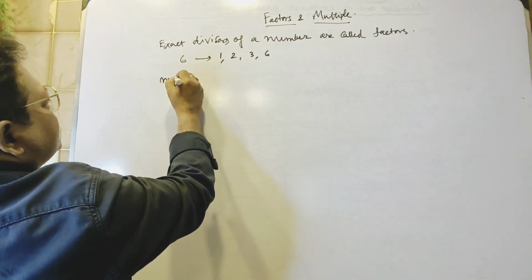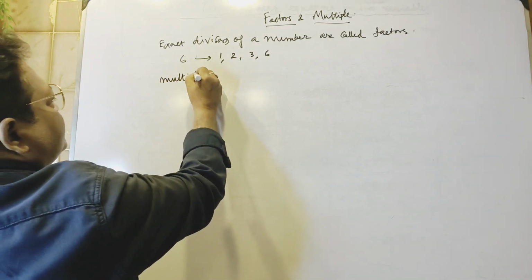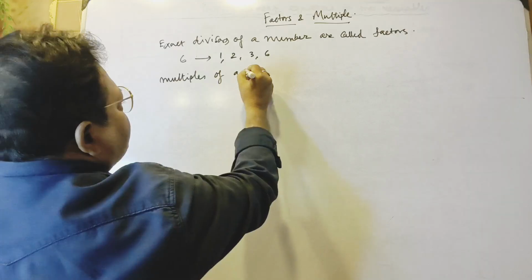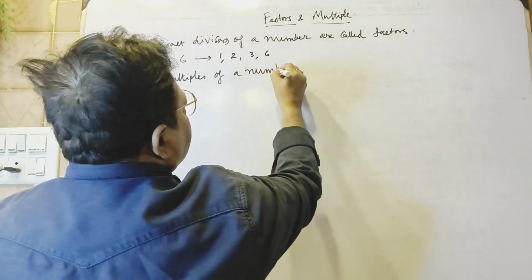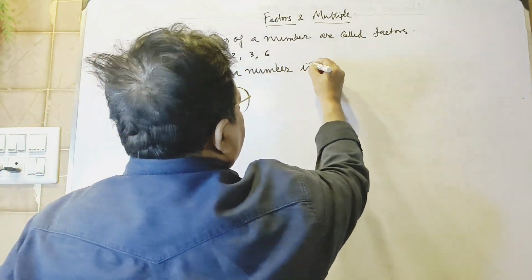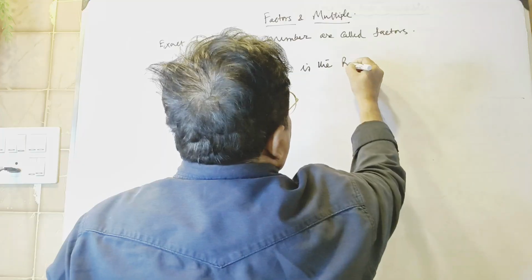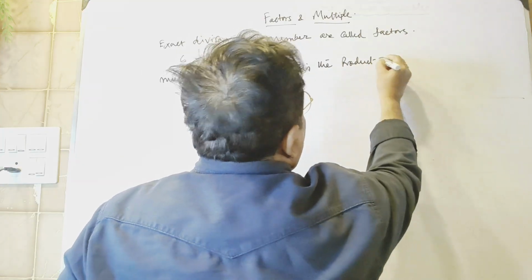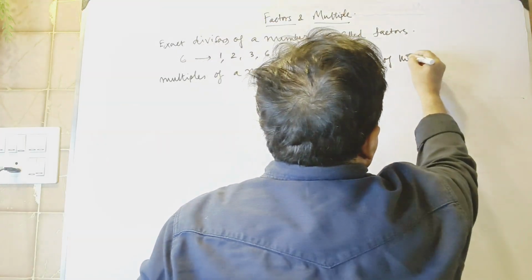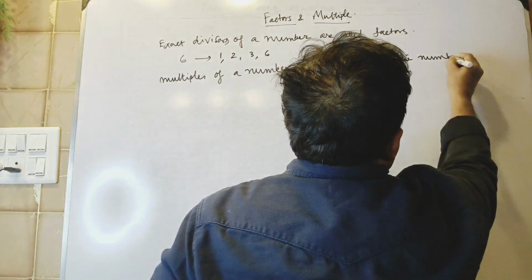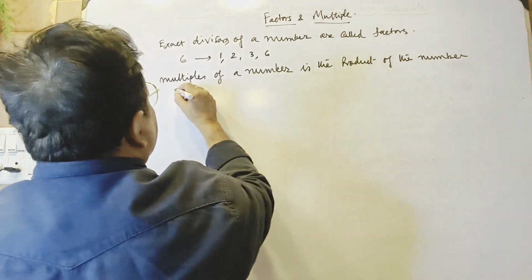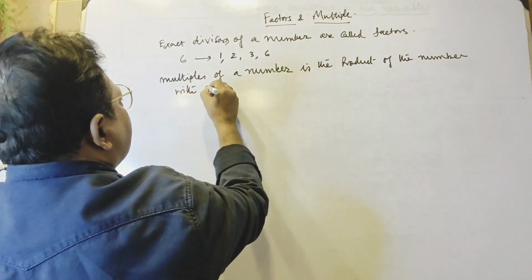And multiples of a number is the product of the number with natural numbers.